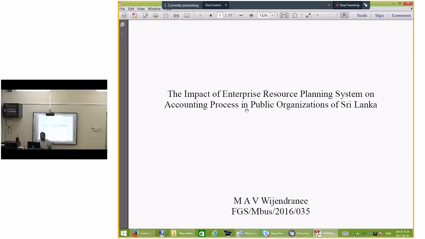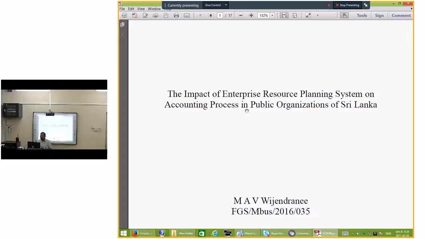Then now you have to find out the reason by going through the reports of the previous system, before implementing this particular ERP system in the organization. There may be some reports submitted by the consultants or any other commissions or the accountant of that particular organization.